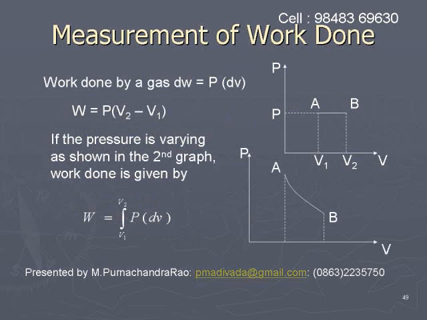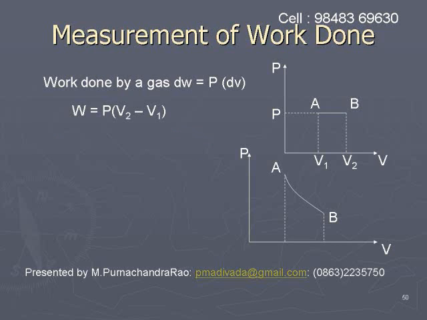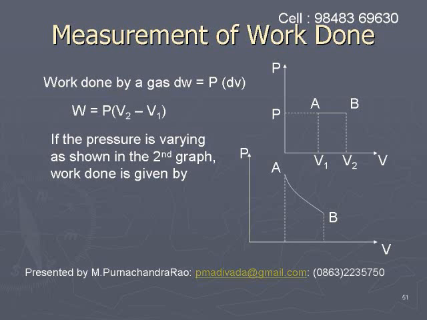Evaluation of P dV when pressure is not constant. In the first figure we have seen that the pressure is constant and work done is P into (V2 minus V1). In the second graph we notice that the pressure varies. The pressure at A is more and the pressure at B is less, and the volume changes from V1 to V2. At A the volume is V1, the volume at B is V2.